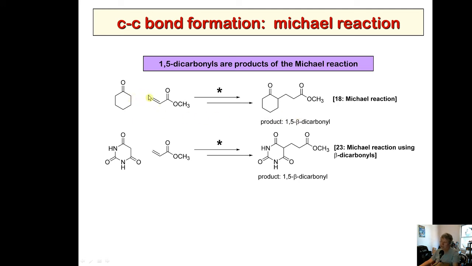So the ketone reacts with this alpha beta unsaturated ester, alpha beta unsaturated, right, with the alkene there.